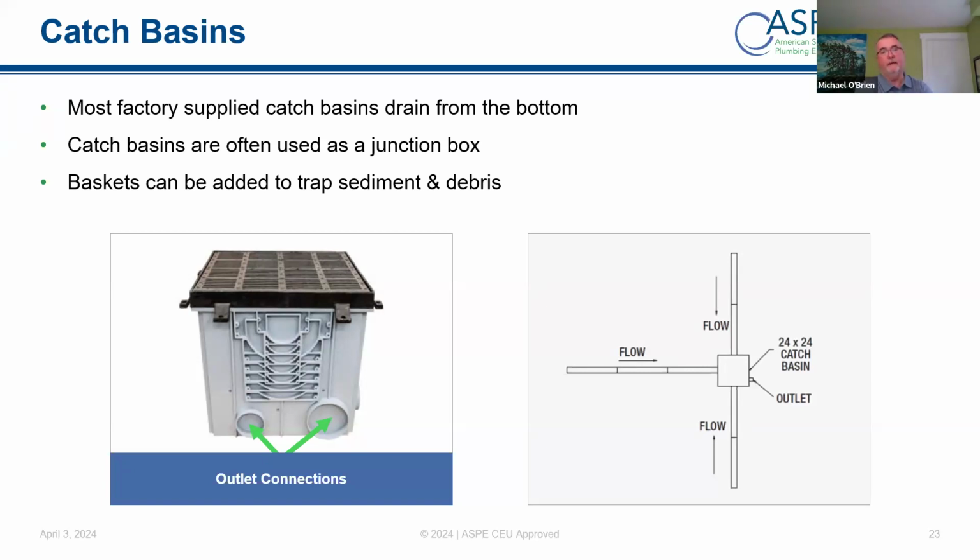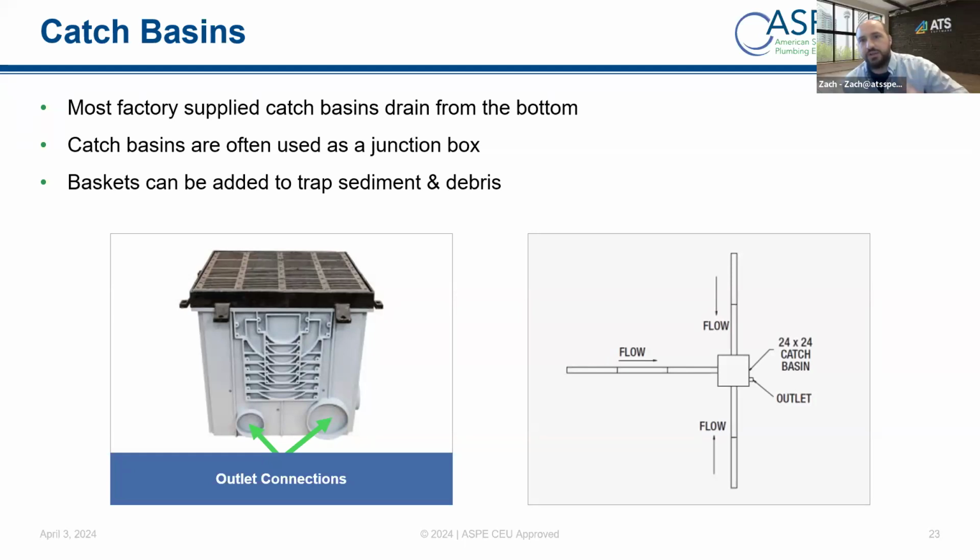This would be an area to possibly have some sort of a basket in there to collect solids, things that you don't want clogging up the pipes past that point. So it's great at moving debris along, but not all of that debris should be going down the system, right? So having a trash basket in there is a great option.